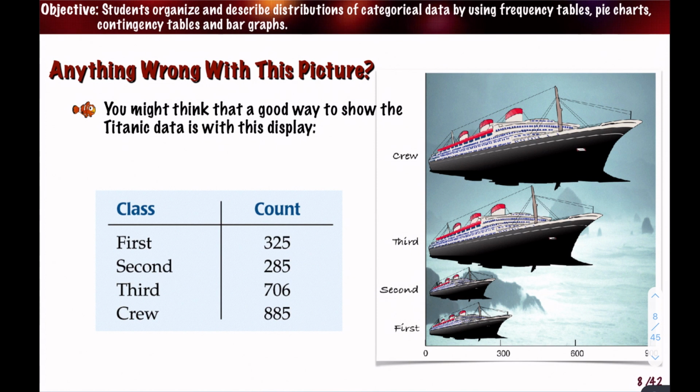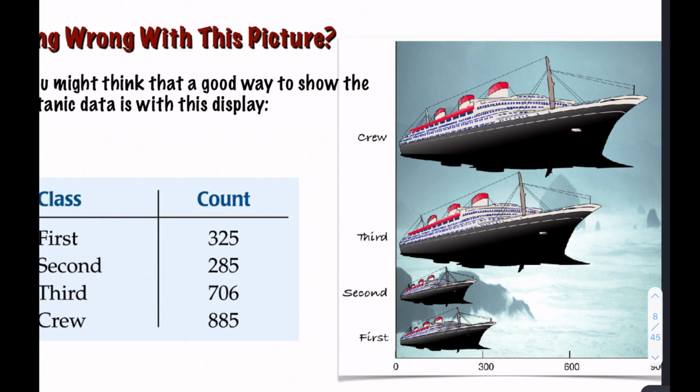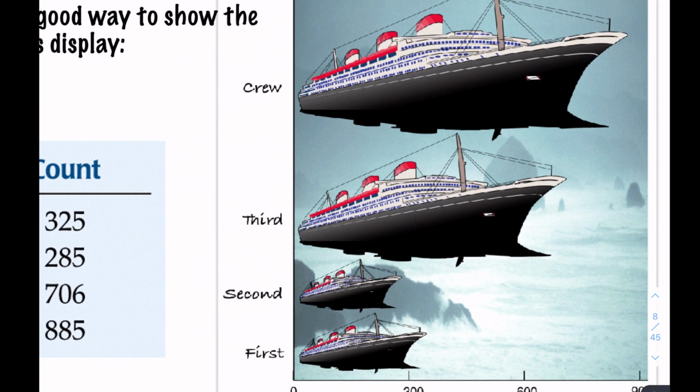So if we go back to our frequency table with first class, second class, third class, and crew, is this a good way to show the Titanic data with this display? I want you to think about this, and I'm going to have the video pause and ask you, is there anything wrong with this display of data in terms of this picture?